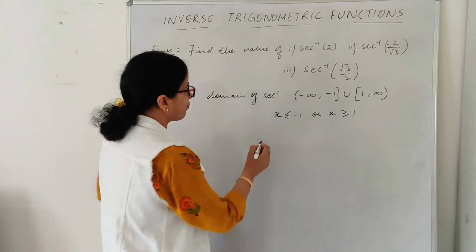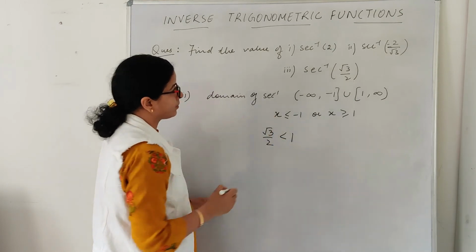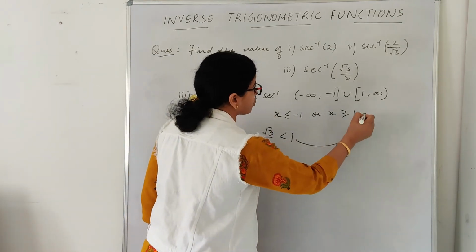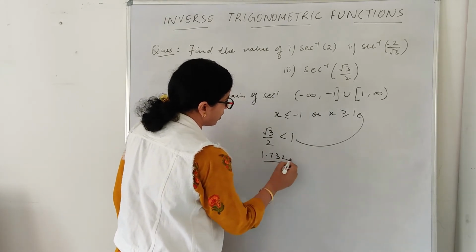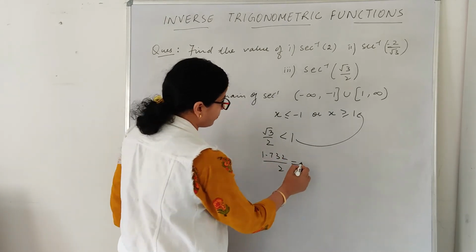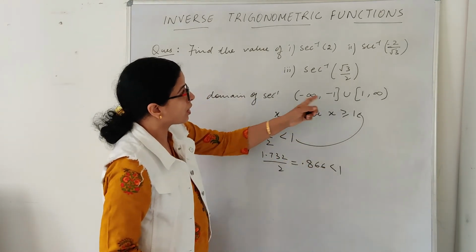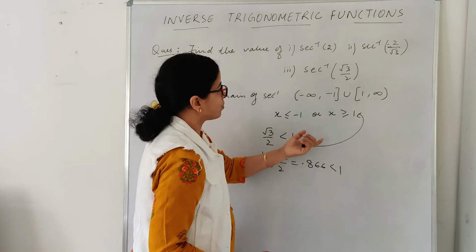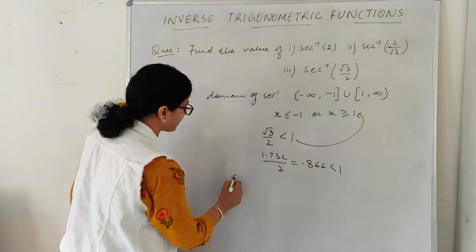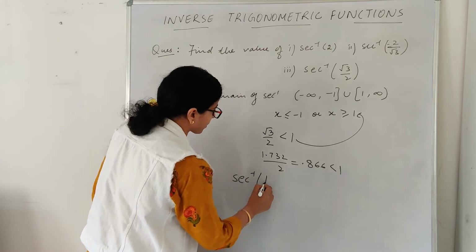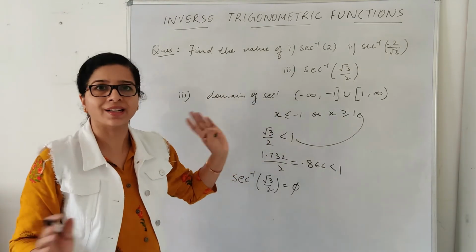Now root 3 by 2 is 1.732 divided by 2, which is 0.866, less than 1. So it will not lie in this domain, which means secant inverse root 3 by 2 is meaningless. It will be a null set.